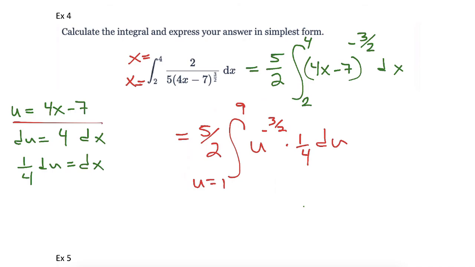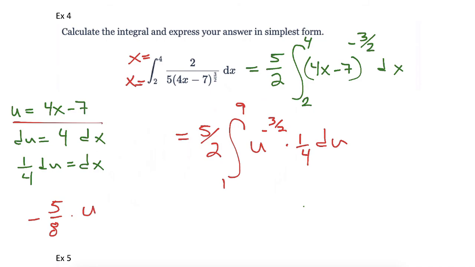Now my bounds are in terms of u. I can go through and integrate this. I have negative 5/8 because I'm just going to put that 1/4 and the 5/2 together.